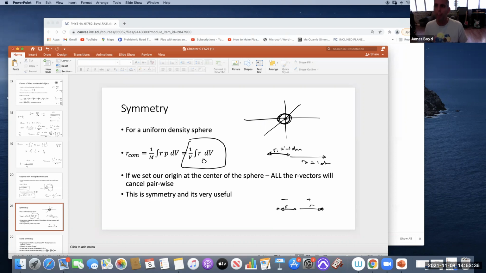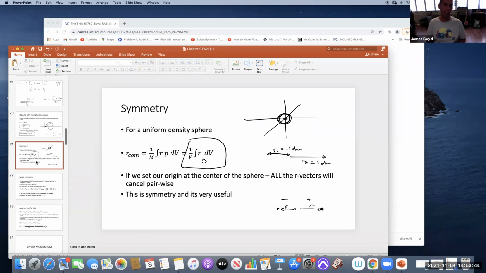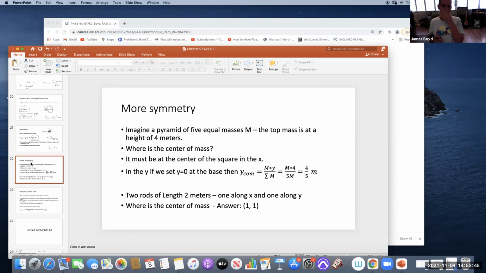If you've done your solids of revolution, you understand that. Some solids are very hard to do, but we're going to deal with symmetry in this class. So for a sphere, the center of mass is at the center. A disk, if it's uniform, has its center of mass at the center of the disk. A rod, center of mass is at the halfway point, et cetera.